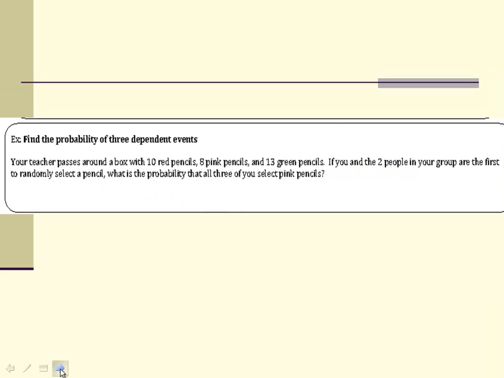Okay? Now, let's look at one that maybe resonates with us a little bit better. If I pass around my box of colored pencils, there are 10 red ones, 8 pink ones, 13 green ones. There are 3 people in your group, so you and 2 other people, and you get to pick a pencil first. What's the probability that all 3 of you will pick pink? Okay, let's start with our pink pencils.